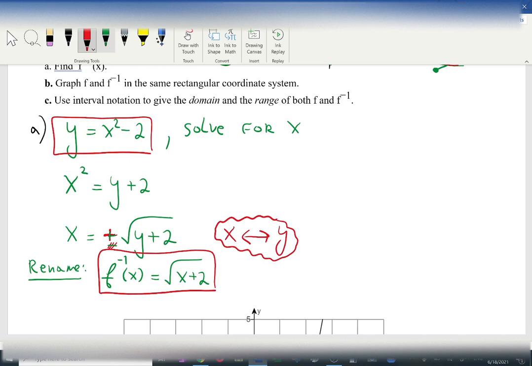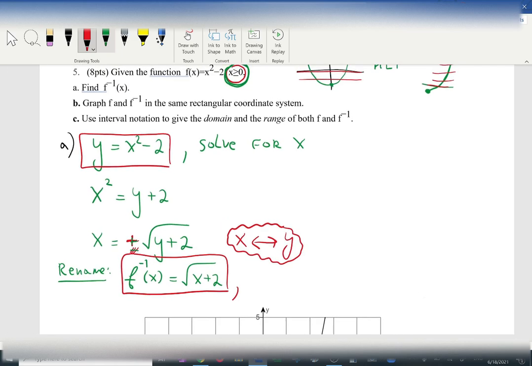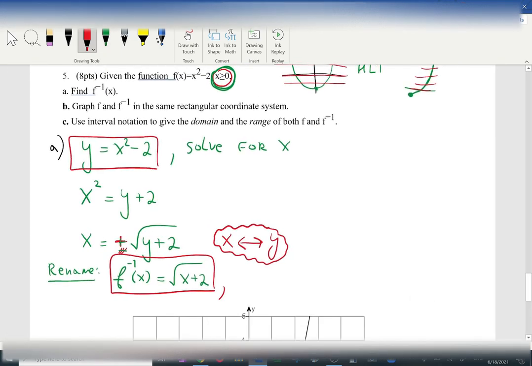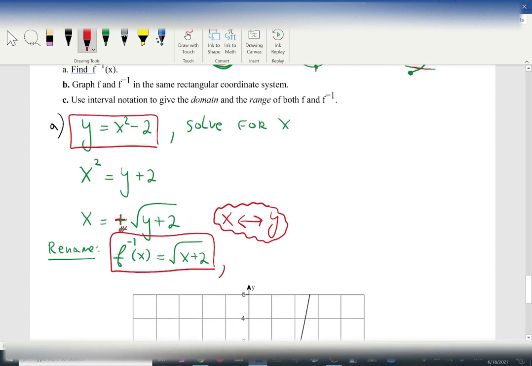The domain of this function, well, that's actually the next question. Let's answer it right away. It's going to be question C. C says find the domain and the range for both functions. Let me do it here. So domain and range.